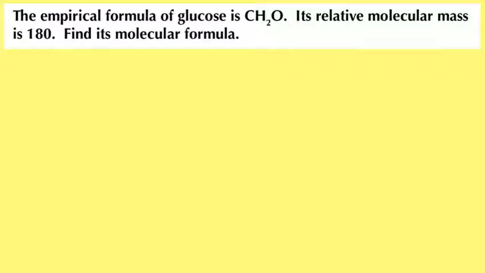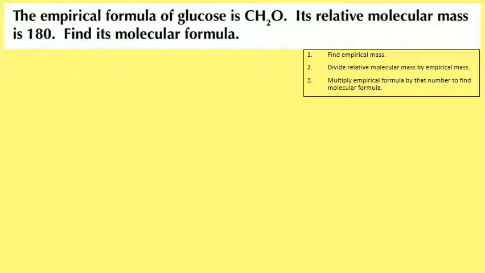Okay, this time we've got glucose and its empirical formula is CH2O. But kindly we've been given its relative molecular mass of 180, and we're told to find its molecular formula. So let's remind ourselves of the steps. There they are. Firstly, we've got to find the empirical mass.